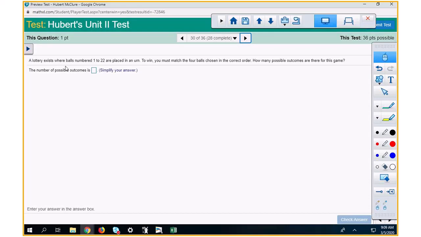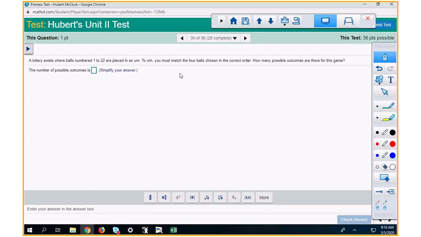A lottery exists where balls numbered 1 through 22 are placed in an urn. You must match the balls in the correct order. How many possible outcomes? Now this one does not say win, so you do not have to put this over 1 or under 1. So I would say, somebody give me 22 combination of 4. What is it? 7315.